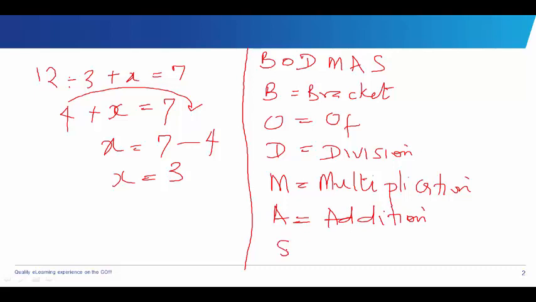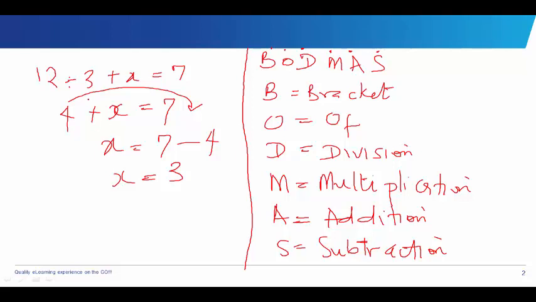And S equals subtraction. What do you use BODMAS for? For this question, we have division and we have addition here. For any question like this, use BODMAS, which means bracket comes first. You solve your bracket first, before of, before division, then multiplication next, addition next, and subtraction next.